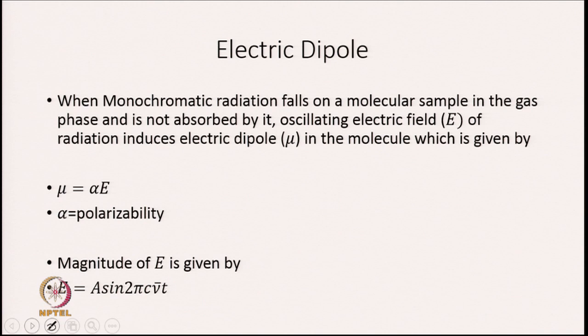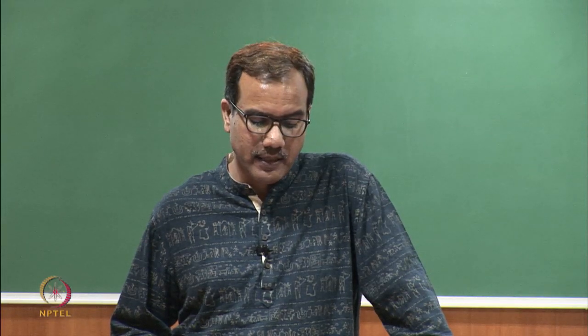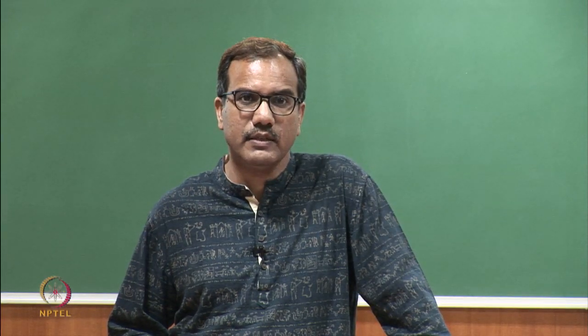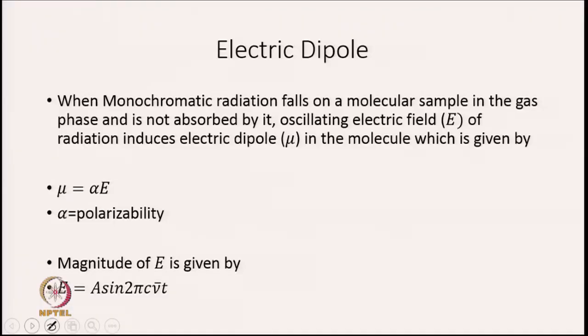When monochromatic radiation falls on a molecular sample in the gas phase and is not absorbed, then scattering can happen, and the oscillating electric field of the radiation induces an electric dipole in the molecule. This electric dipole mu is given by alpha times E, where E is the oscillating electric field and alpha is the polarizability. Suppose the magnitude of E is given by the formula A sin 2 pi c nu bar t.